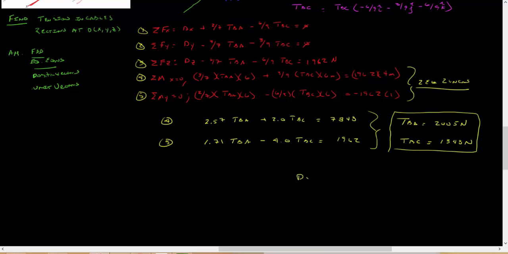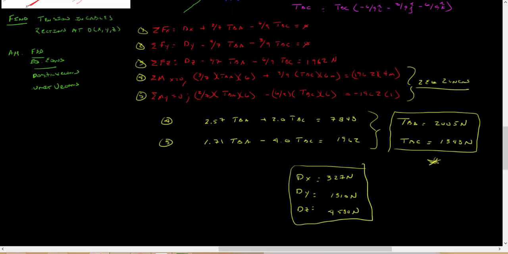But here are the answers, so that you have them after you've done them, maybe come back and check to see if you got the same answer. I got 327 newtons, 1,310 newtons, and 4,580 newtons just by substituting these into equations 1, 2, and 3.